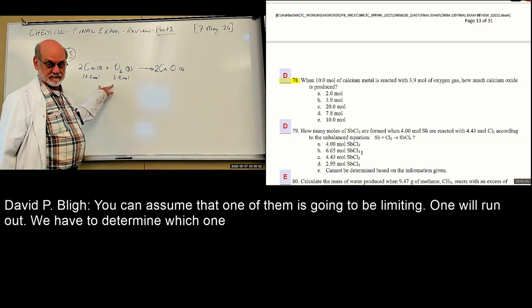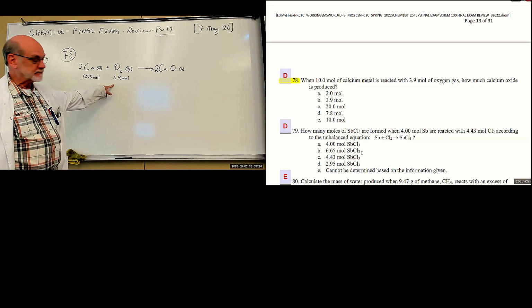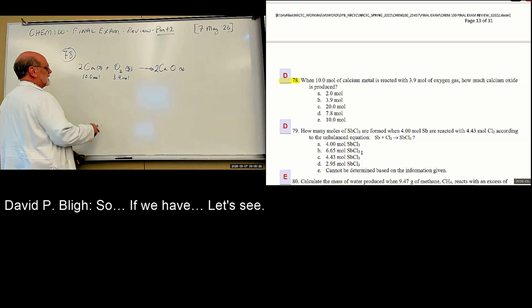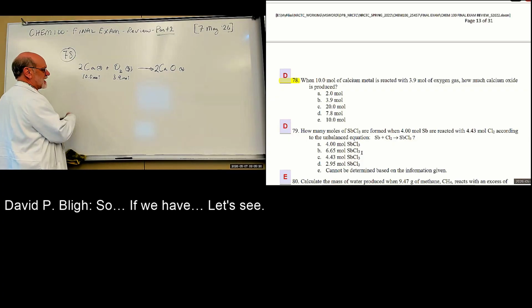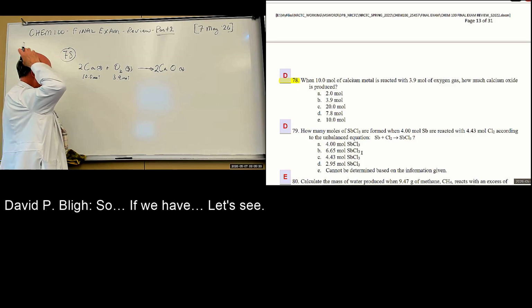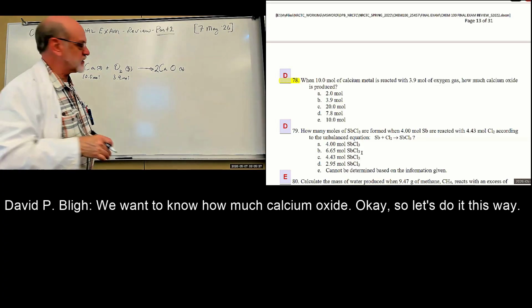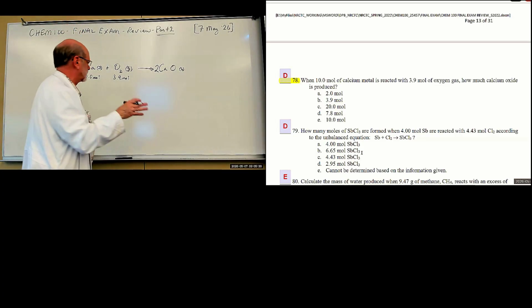One will run out. We have to determine which one is limiting. We want to know how much calcium oxide, so let's do it this way.